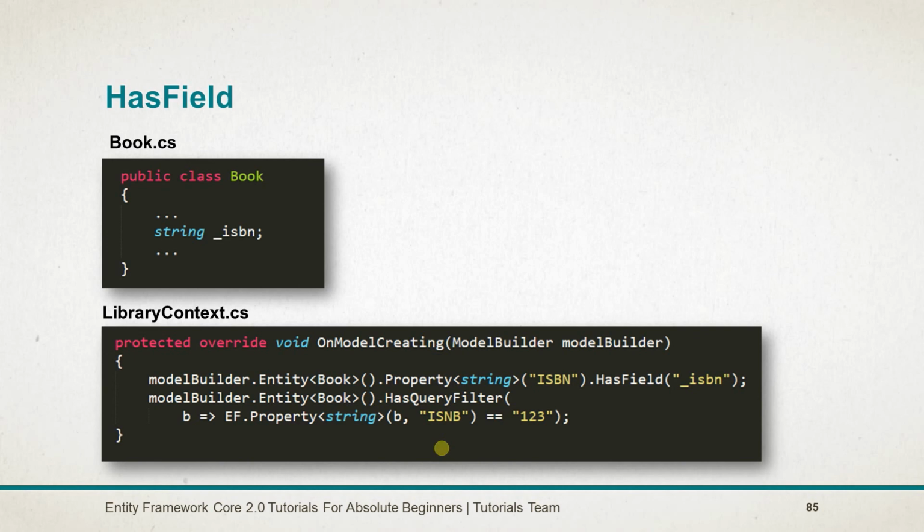It is usually created for sensitive data, which is important in where conditions. For that we need to use the HasField function and specify the name of the variable. Because the field's accessibility is private, we are unable to access it directly. Therefore we need to use the EF.Property function, in which we pass the model instance and the name of the field that we want to access.